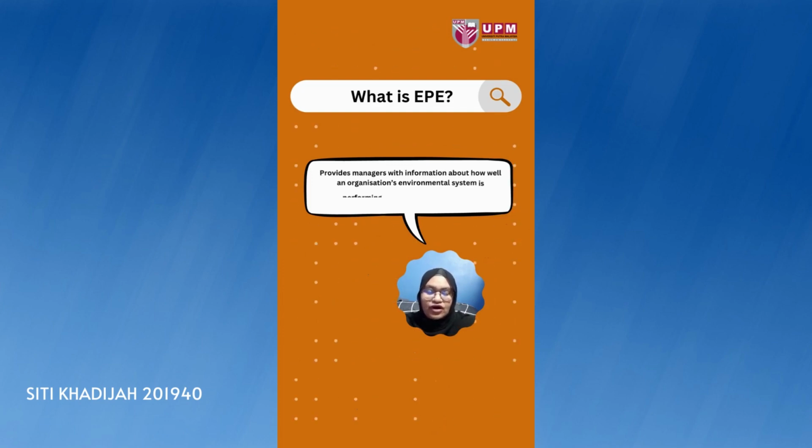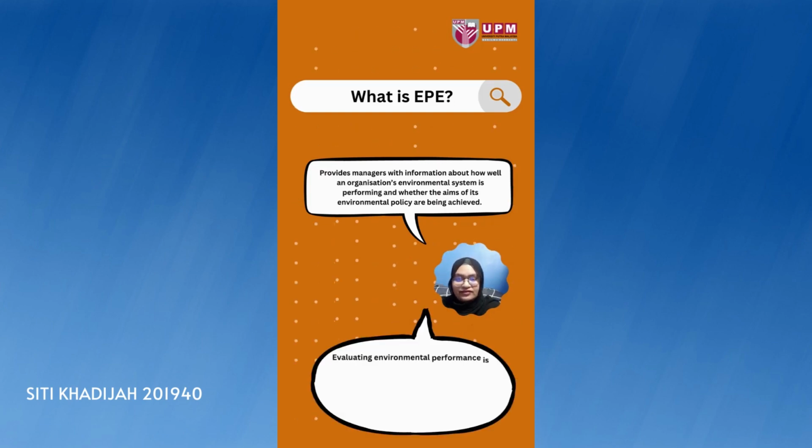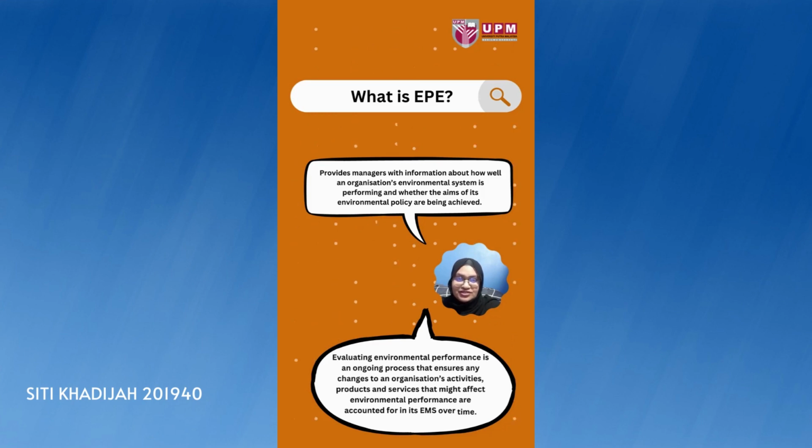EPE is a useful auditing tool assessing whether environmental aspects, objectives, targets, and other environmental performance criteria are being met. Thus, evaluating environmental performance is an ongoing process that ensures any changes to an organization's activities, products, and services that might affect environmental performance are accounted for in its EMS over time.